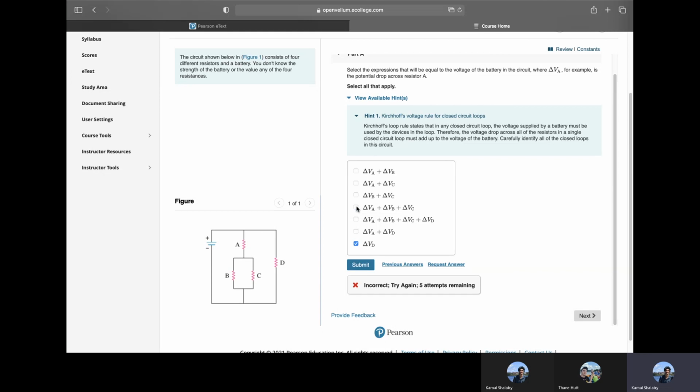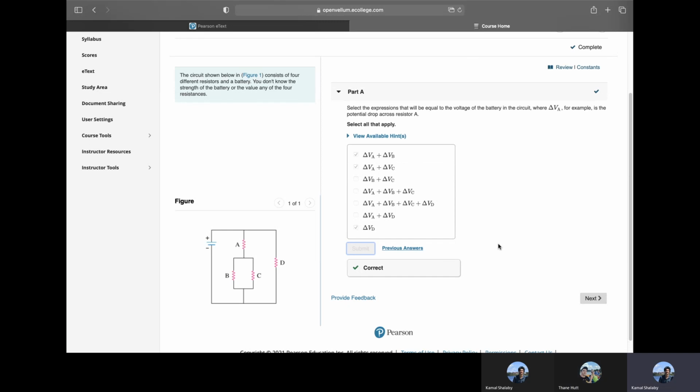No, I'm sorry, it's going to be A and C, because we know that the potential difference here and here is equal to D, right? Oh, right. A and C would just equal D, yeah. And also A and B would just equal D. So there's that too. Oh, okay. Right. Yep.